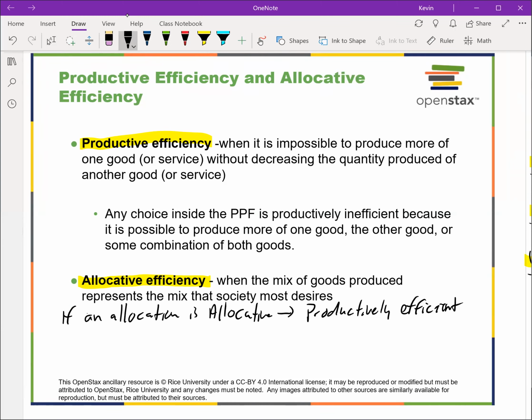So in this case of 100 shoes total, if we're producing 49 left and 49 right shoes, that would not be efficient because we can make 2 more shoes. So that would be neither allocatively nor productively efficient. And so if an allocation is allocatively efficient, it's also productively efficient.